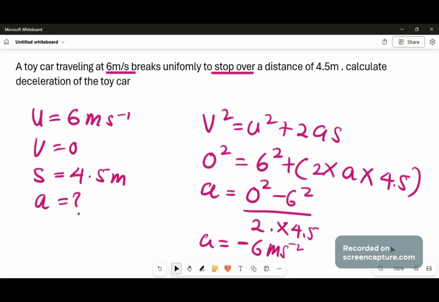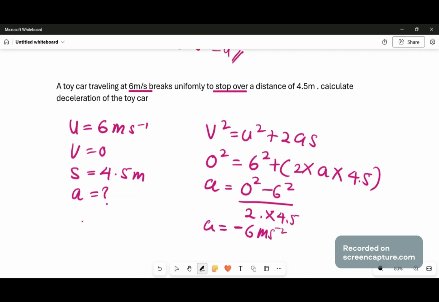So here the value of acceleration is minus 6. So the acceleration is minus 6, which means it should be a deceleration, and the value of deceleration is 6 meters per second squared.